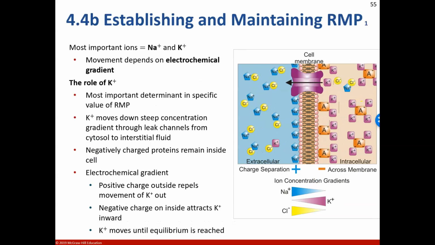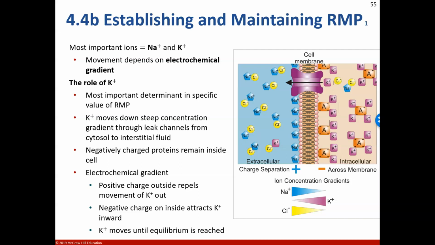If you haven't gathered from the previous slide, the most important ions here are sodium and potassium. Their movement depends on that electrochemical gradient that we discussed. First, we'll mention the role of potassium. This is the most important determinant in the specific value of our resting membrane potential.